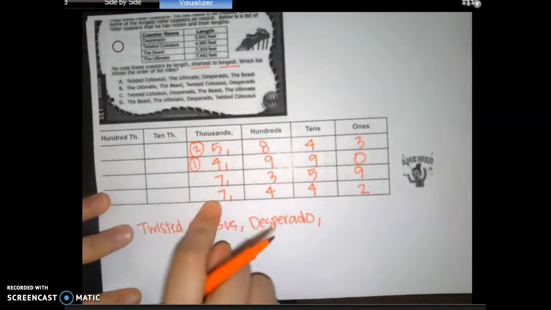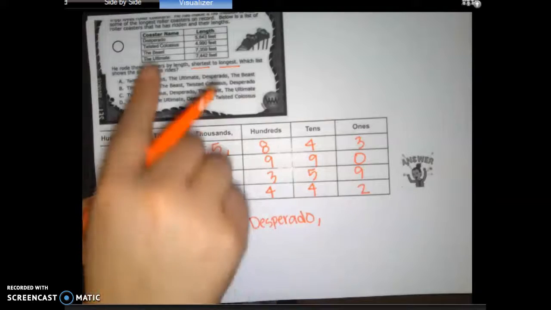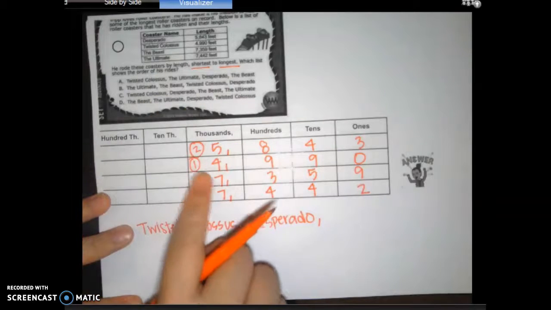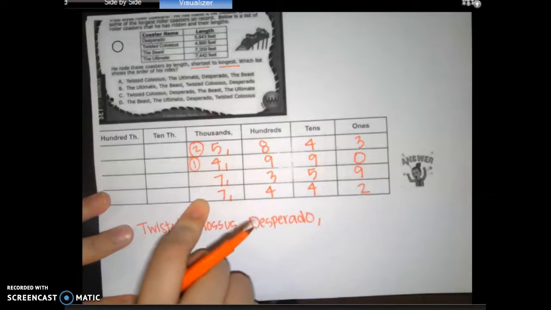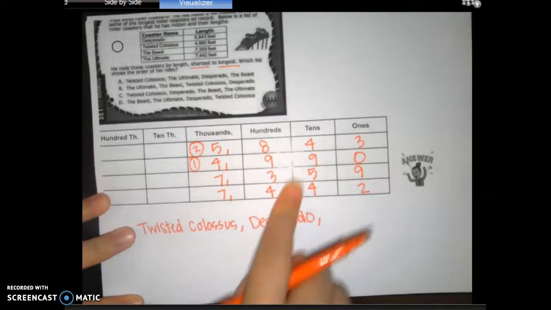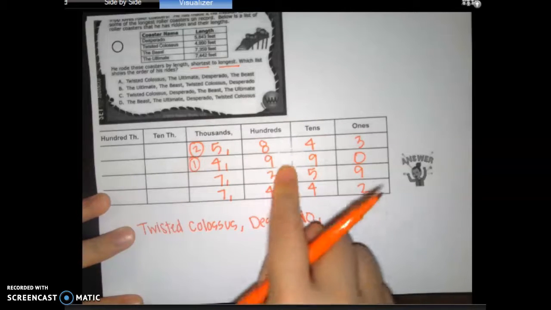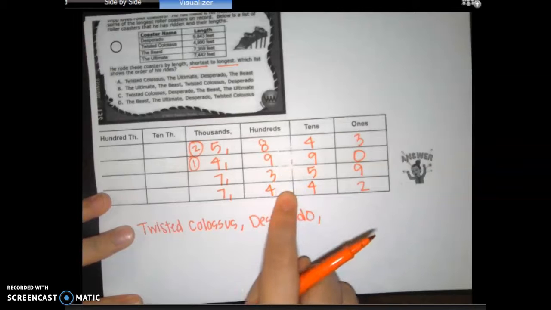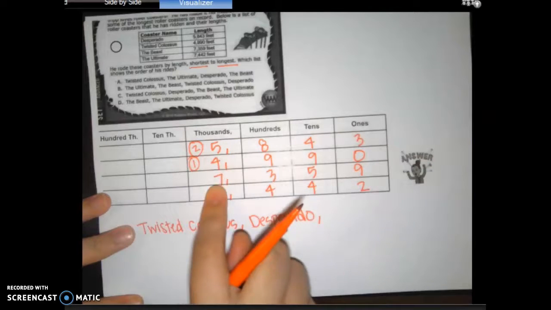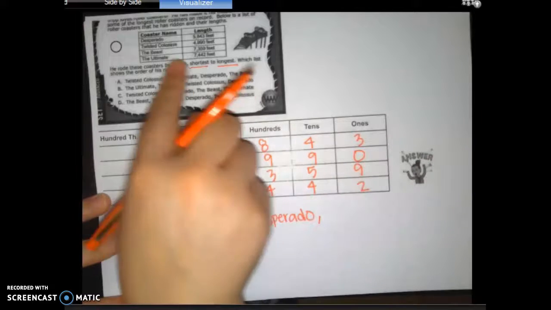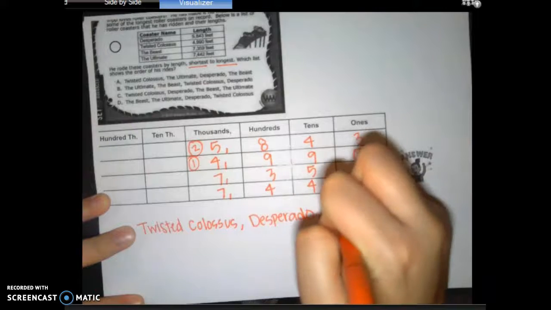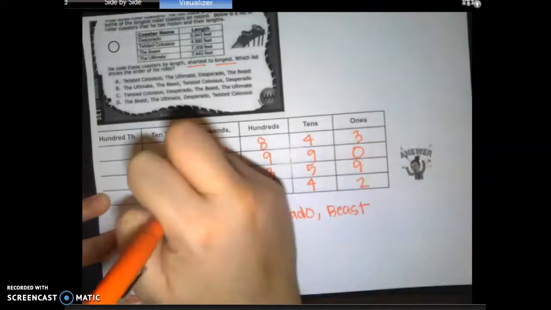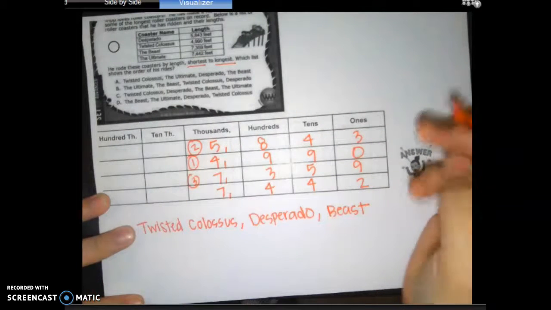The next one is going to be either the Beast or the Ultimate, and they both start with a 7, so where do I need to go look? I need to move to my hundreds place value. Which one is smaller, 3 or 4? 300 or 400? 300 is smaller, so 7,359 is the Beast. And that means that the Ultimate is my longest one.